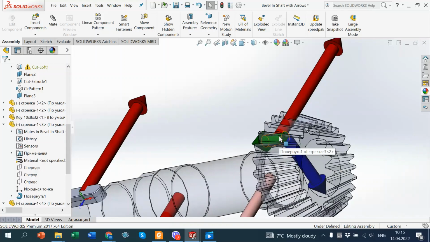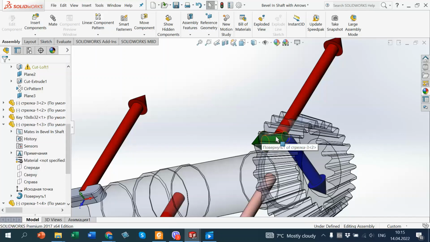It is considered that we have contact in one point in the middle of face width, approximately the middle, because correctly this distance is approximately 0.4 from face width.